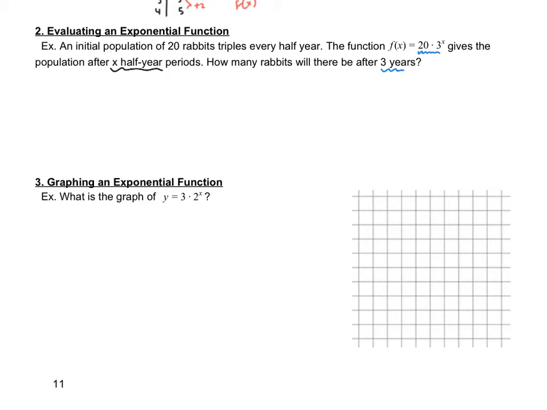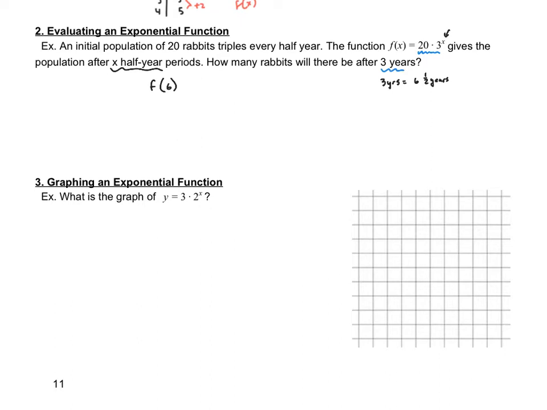So I need to know that 3 years is going to equal 6 half years, because that's going to go into my formula for x, because x is based on half years. So I'm going to have f of 6, because I'm going to input 6 for x.